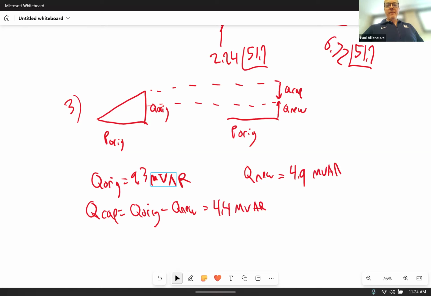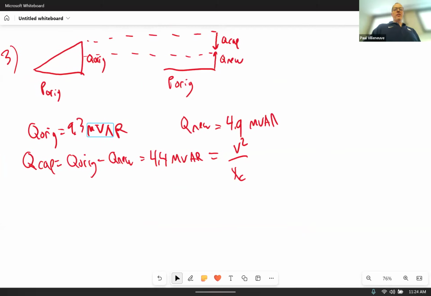Now, can I immediately run that into my equation for V squared over X sub C? I told you what the voltage is. It is 138 kV, three-phase. Can I immediately plug that in and solve for XC? I have one nodding of no. Anybody else?